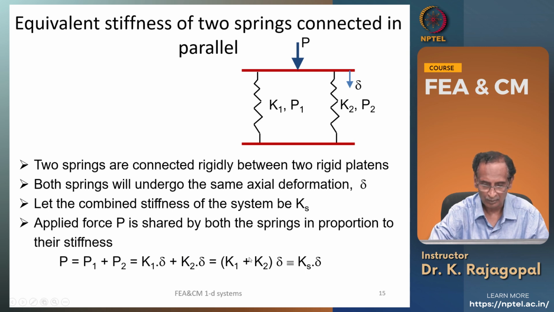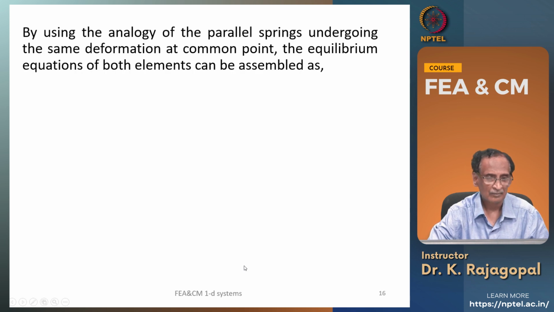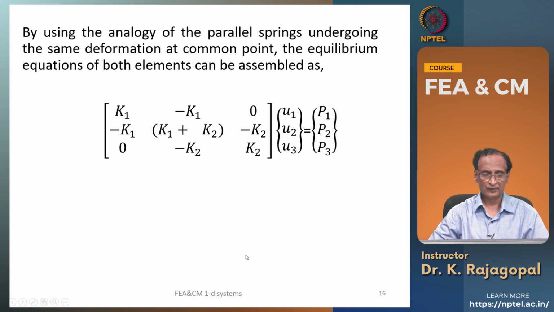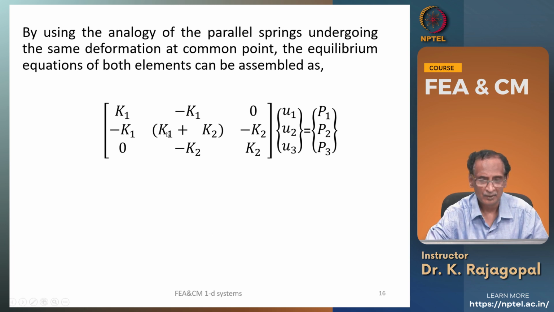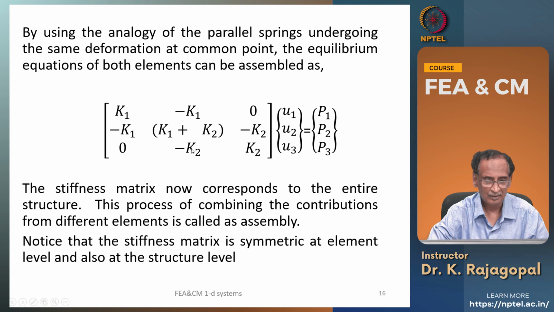So, the combined stiffness is K1 plus K2. That should give us the clue on how to assemble the contribution from these two elements. So, if you assemble at degree of freedom 2, the contribution is added up. So, we have K1 plus K2, and this is how we do it.